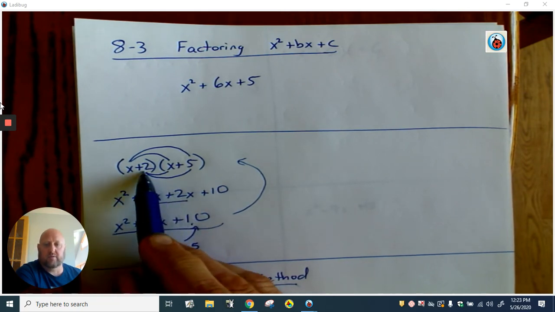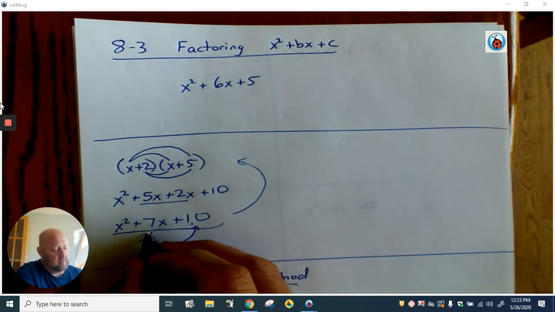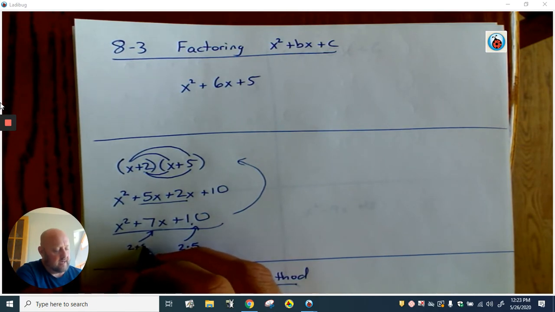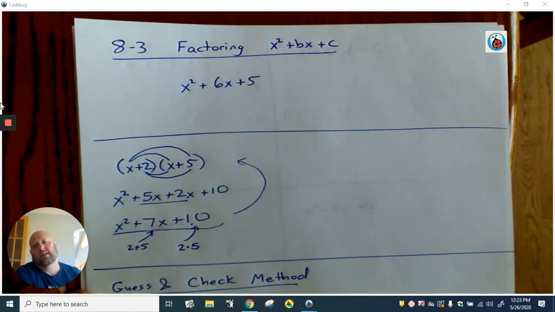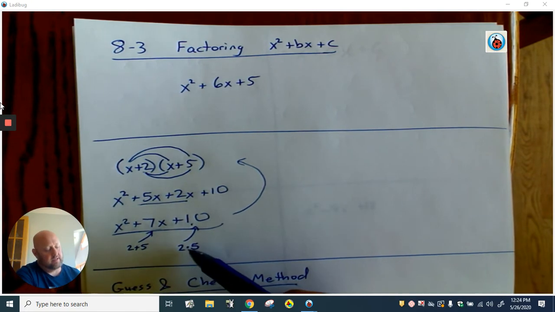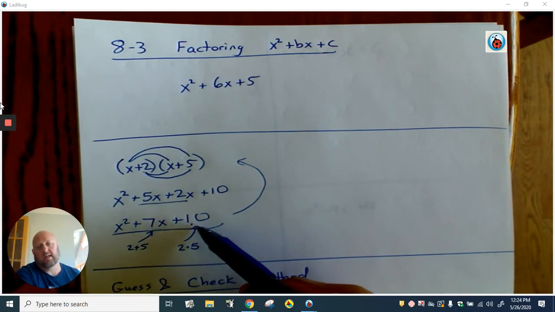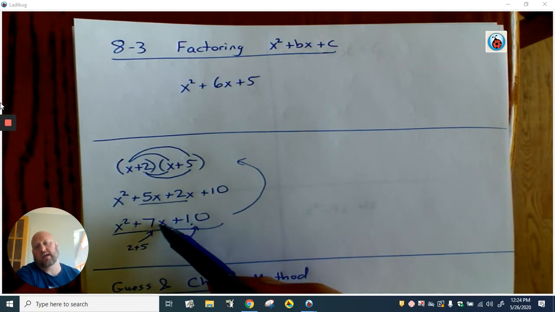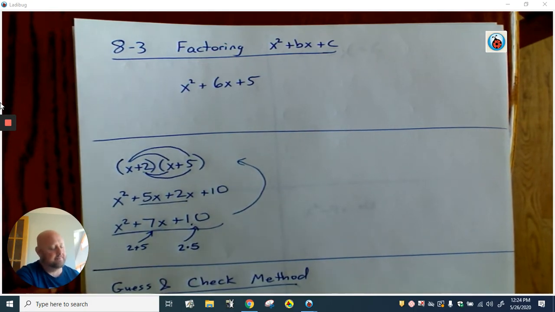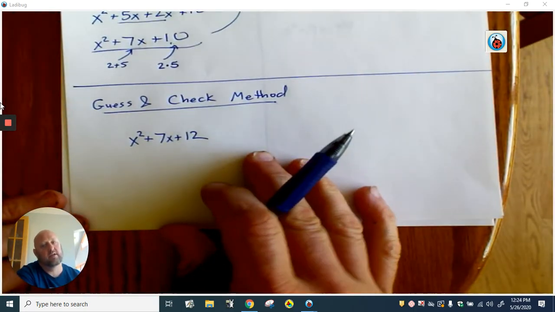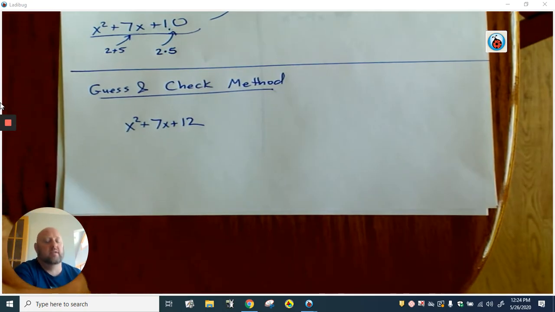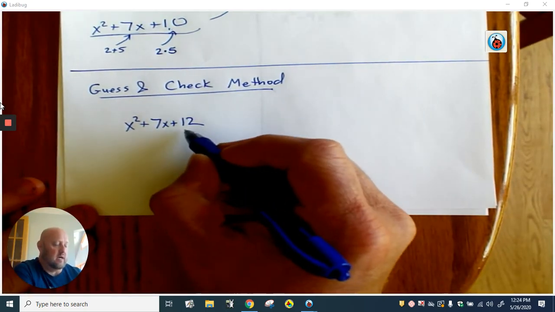Well, where it really came from was the 2 and the 5 added together. So what we're going to be looking for is basically a set of numbers that multiply together to get that last number and add up to get that middle number. Okay? Let's try one. And really the guess and check method is really the best way here for now.